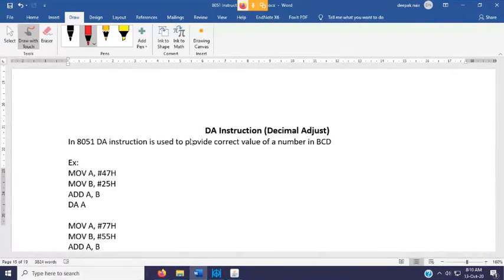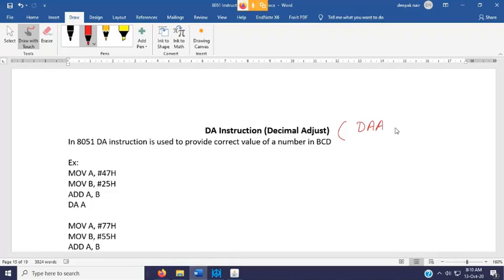For that, there is an instruction called DA, decimal adjust. In 8085 we had DAA, I believe. Let me check. Yes, DAA, decimal adjust accumulator.